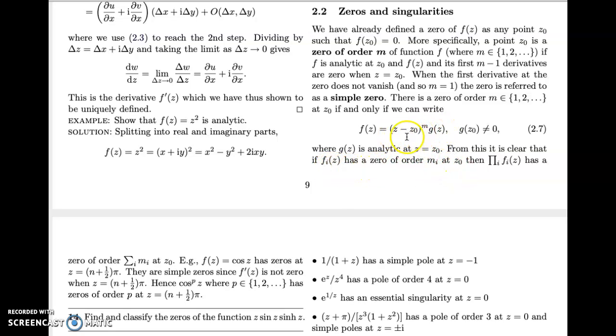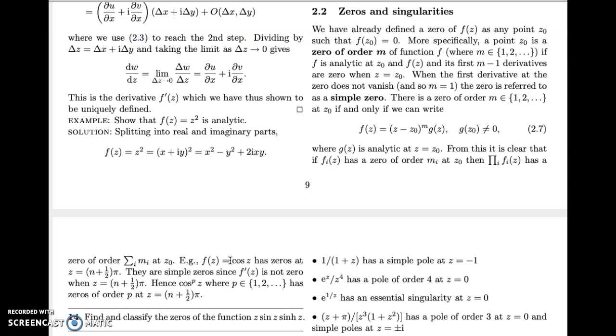When I multiply z minus z0 to the power m1 by z minus z0 to the power m2 and so on, the m's just add together. So the overall order is simply the sum of the m sub i's at z0.